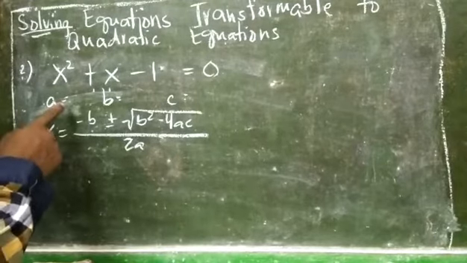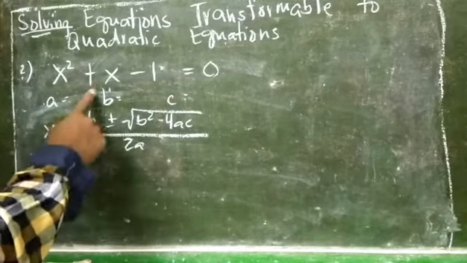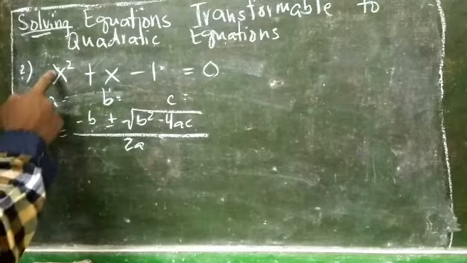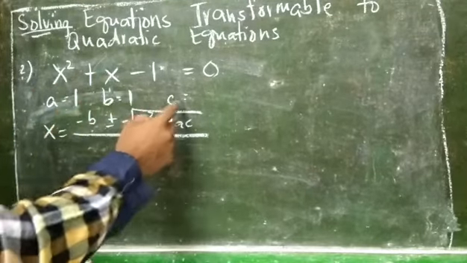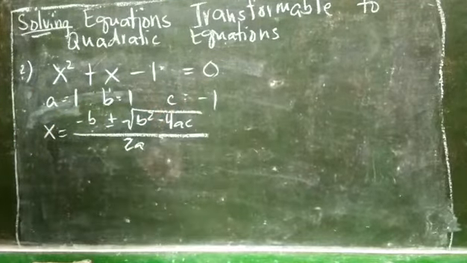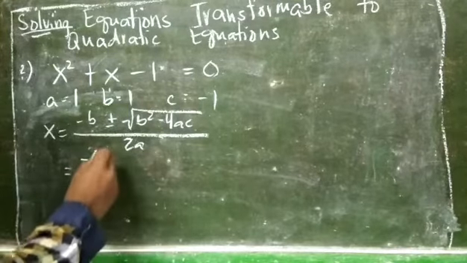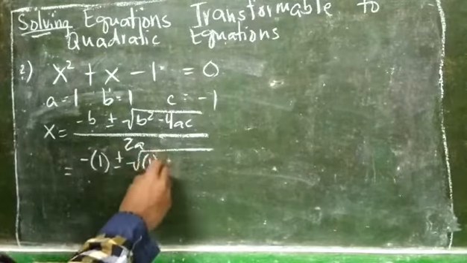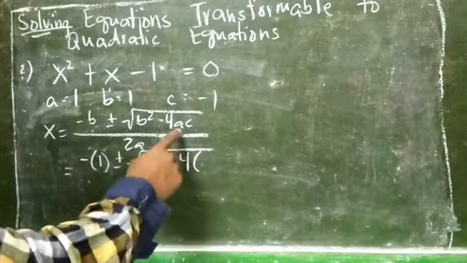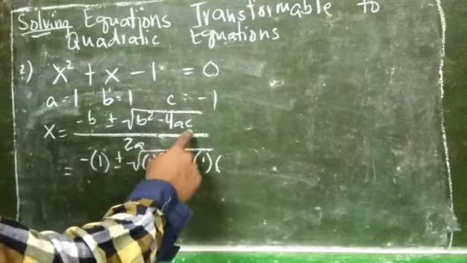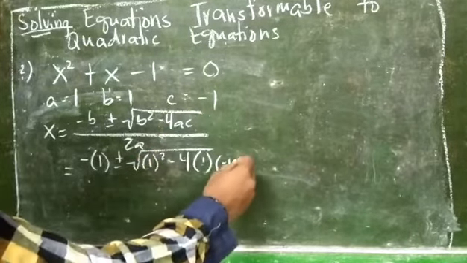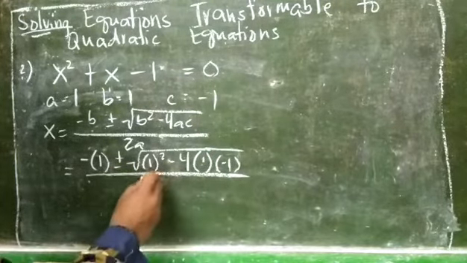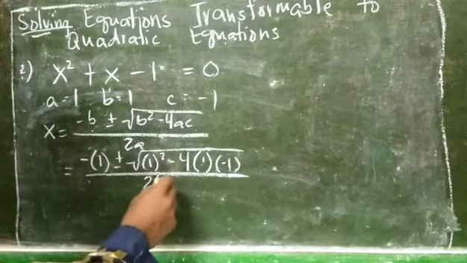So, let's now determine first yung values ng a, b, and c since we'll be utilizing the quadratic formula in solving for its roots. So, a is 1. Yung b natin, 1 also, as yung c natin ay negative 1. So, let's now substitute. Negative b plus minus square root of yung b natin, that is 1 squared, minus 4 times the value of a, 1, times the value of c, negative 1, all over 2 times the value of a, 1.